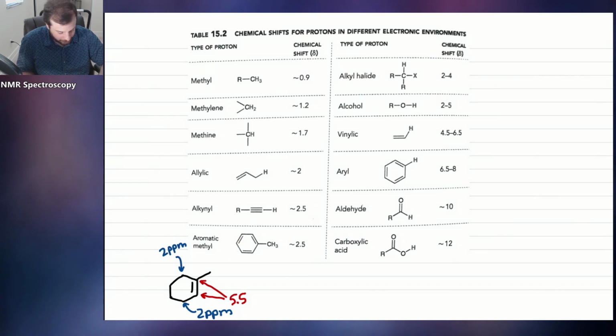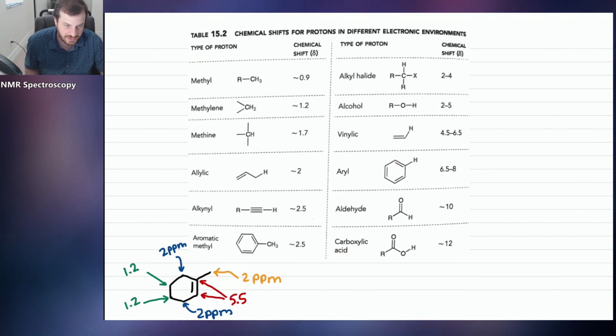We've got a methyl group over here, that's just going to be at 0.9 ppm. Or I guess it's allylic too. It's one away from the double bond, so I think it's probably safer to just call that methyl group 2 as well, because it's allylic. But these guys over here are nothing. They're just regular methylene groups. So like these guys over here, they'll be like 1.2 because they're just regular CH2 groups. They don't have any of these special electronic environments.